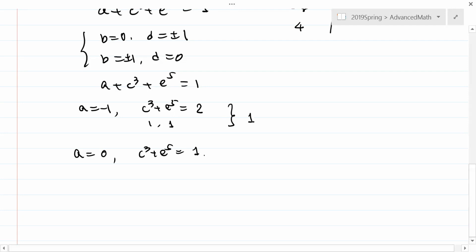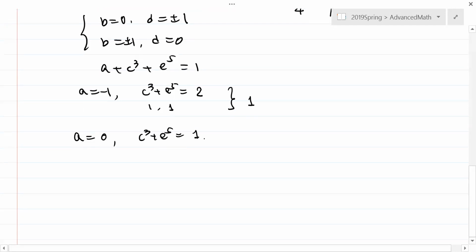Now in this case, how to get a 0, right? How to get a 1? Because C and the E possible value is only 1, -1, 0. So you only get solution 0, 1, 1, 0. Okay, so I have 2 solutions. I don't think one of them could be negative because the sum cannot be 1.